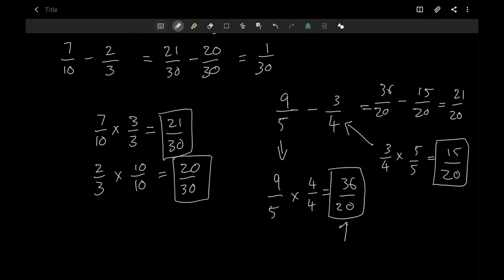So let's say you've converted this one, 36 over 20, and you do the second one, but you find that you don't get the same denominator. You know that something has gone wrong. So stop, go back, and see where you went wrong. Because as the rule states, you can only add or subtract when the denominators are the same.